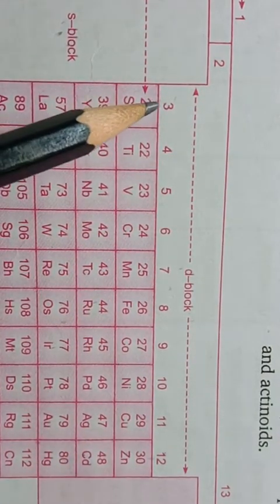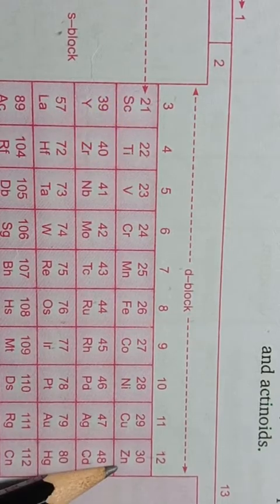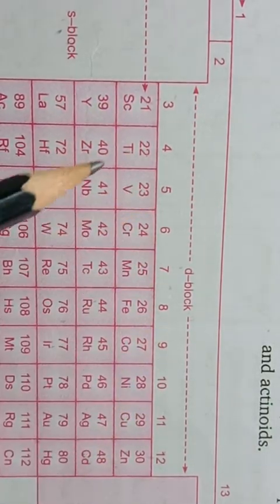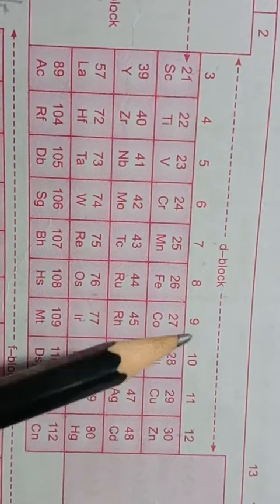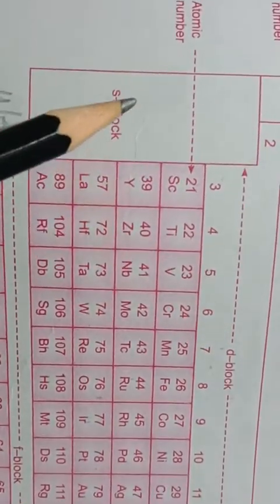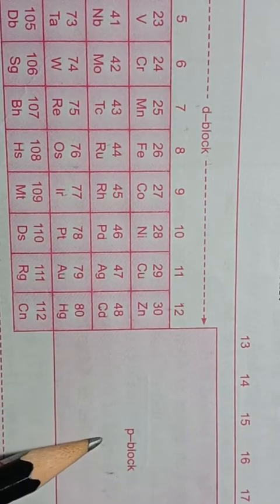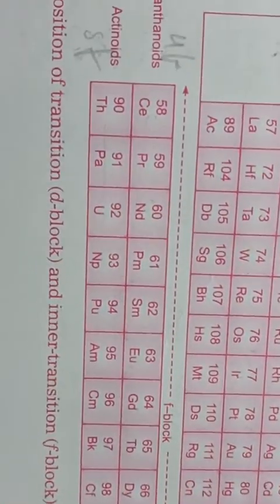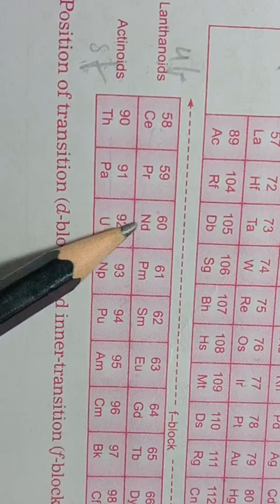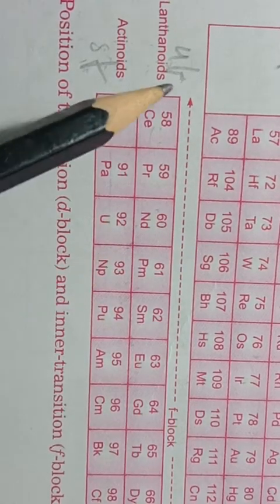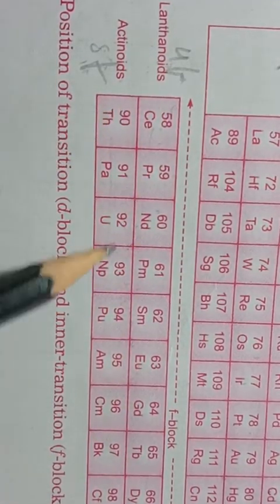So the elements which belong to third to 12th group of the periodic table are known as D block elements, and these are present between the S block elements and P block elements. Okay students, whereas F block elements are present below the main periodic table in the form of two series.